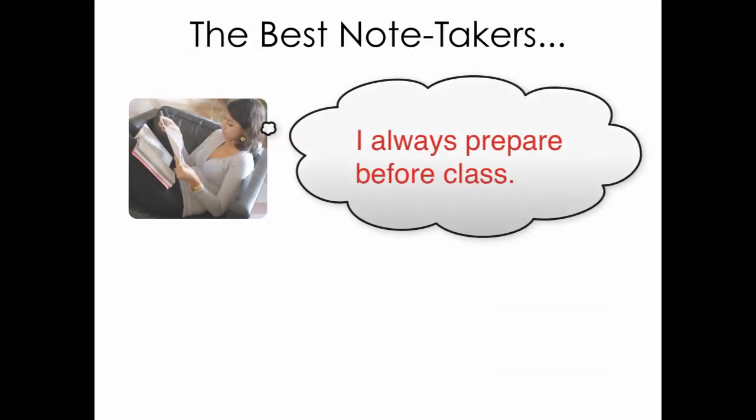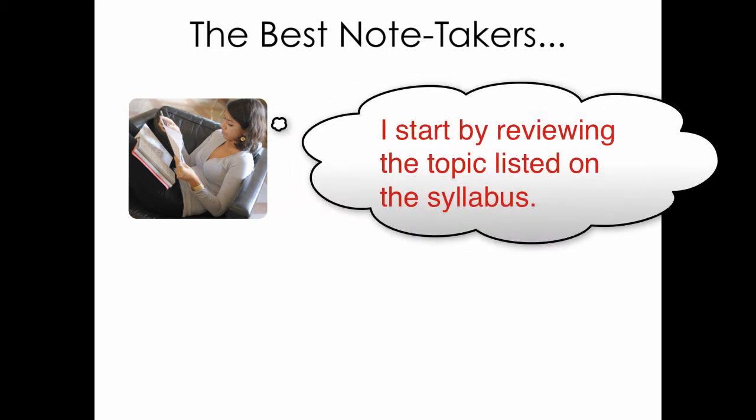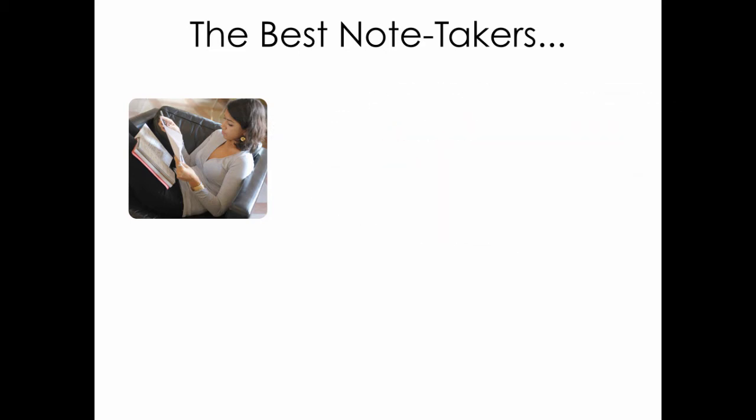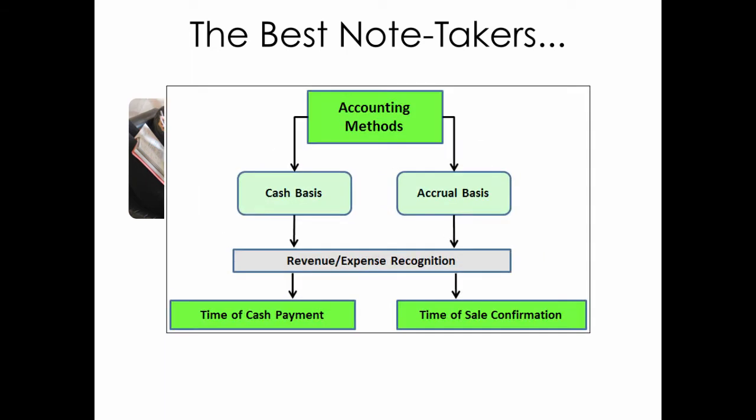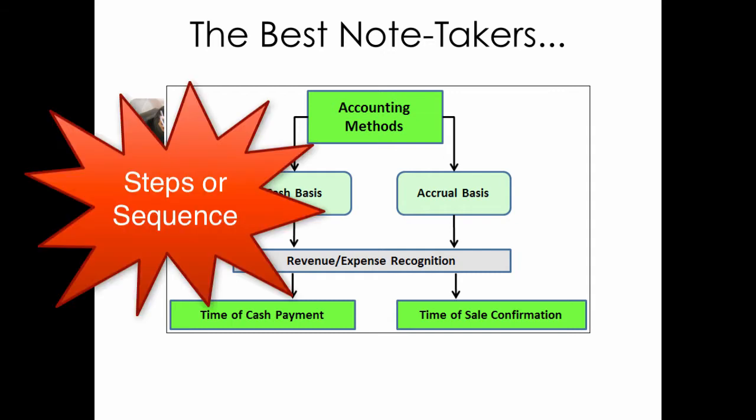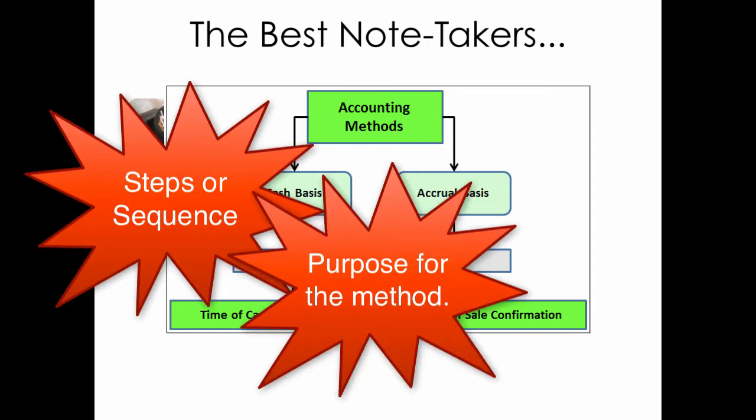Keep in mind, the best note-takers do something before class to prepare for the information about to be discussed. So before going to class, briefly review the topic on the topic outline in the syllabus for that week or that class. Here's an example. If the professor identified a method of accounting that will be covered during that class, you will probably hear about steps or sequence of the method, the purpose for using that method, or information such as that.